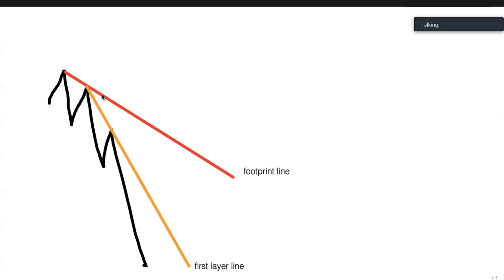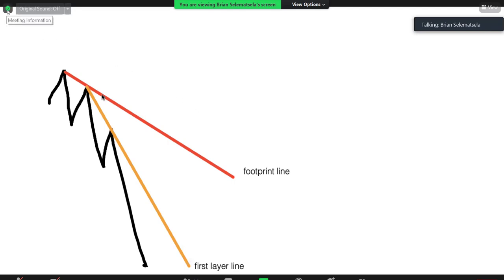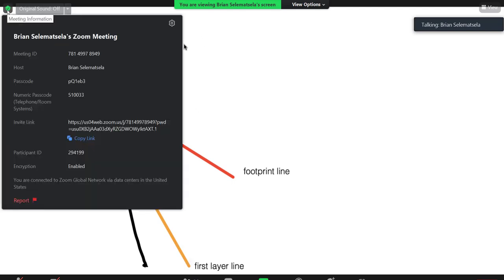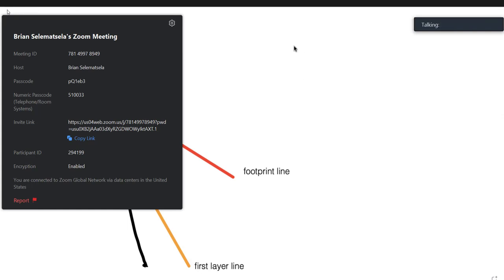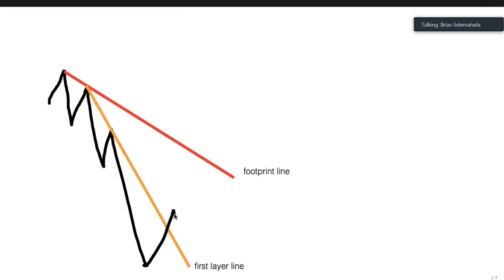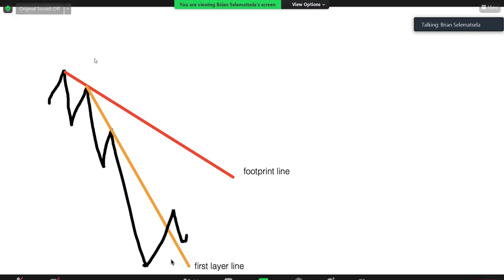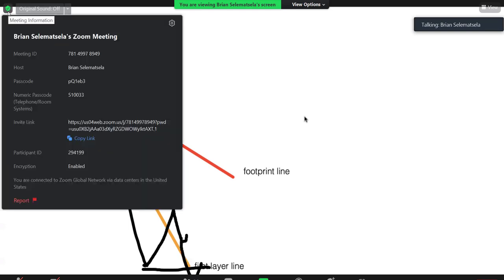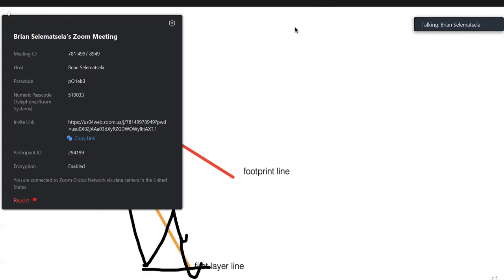Now, what we want to achieve is to wait for the market to break the first layer line. After that, we want the retest, but the retest must not be lower than the previous point, if we are buying.